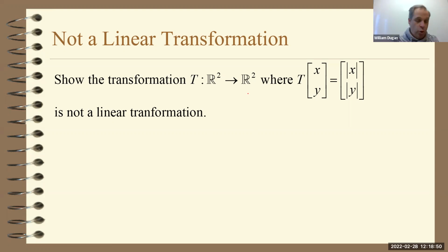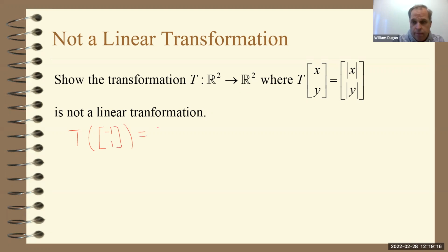So how do we go about showing that it's not a linear transformation? It's really easy. You just want to show some examples that violate the two properties. One of the properties is this one. If it was a linear transformation, then I would have that T of, let's say, the vector -1, 1.